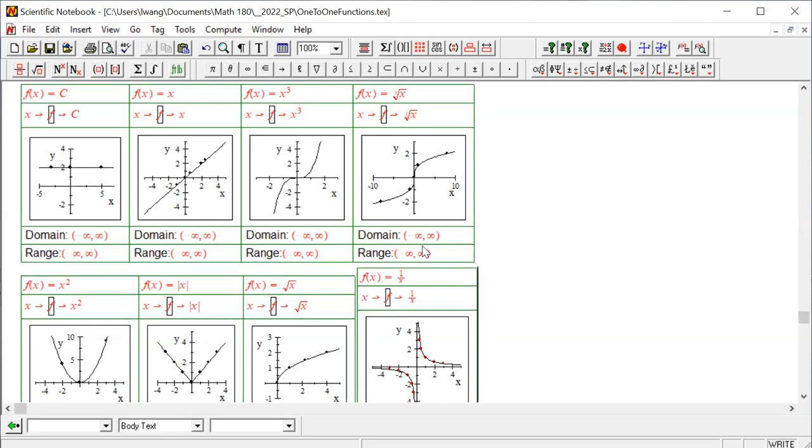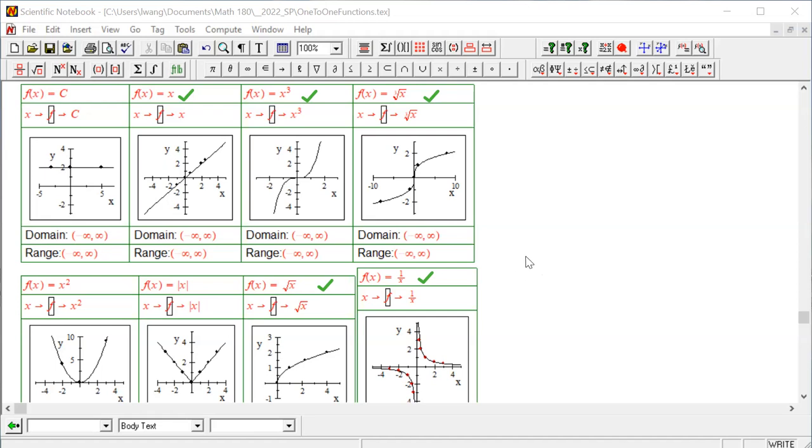We have gone over all 8 functions in terms of whether they're one-to-one or not. So which one is one-to-one? This is one-to-one, that's one-to-one, one-to-one, one-to-one, not, one-to-one, one-to-one. Okay, so 8 functions, 5 out of 8 are one-to-one functions.